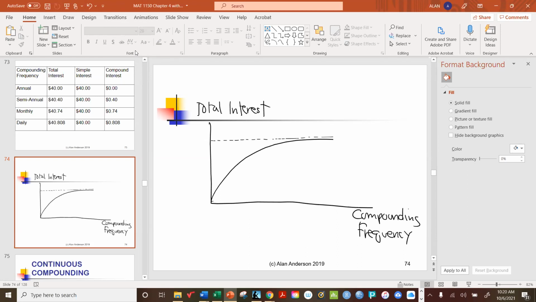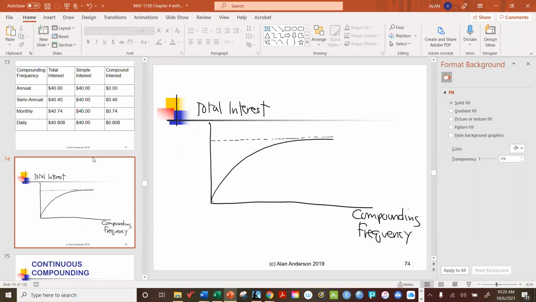And then I'd increase it to every minute and then every second. There has to be a limit to how far this can go. And so the limiting case involves what we've been studying in this chapter, which is exponential growth. The interest itself will have a limiting factor, which involves exponential growth.